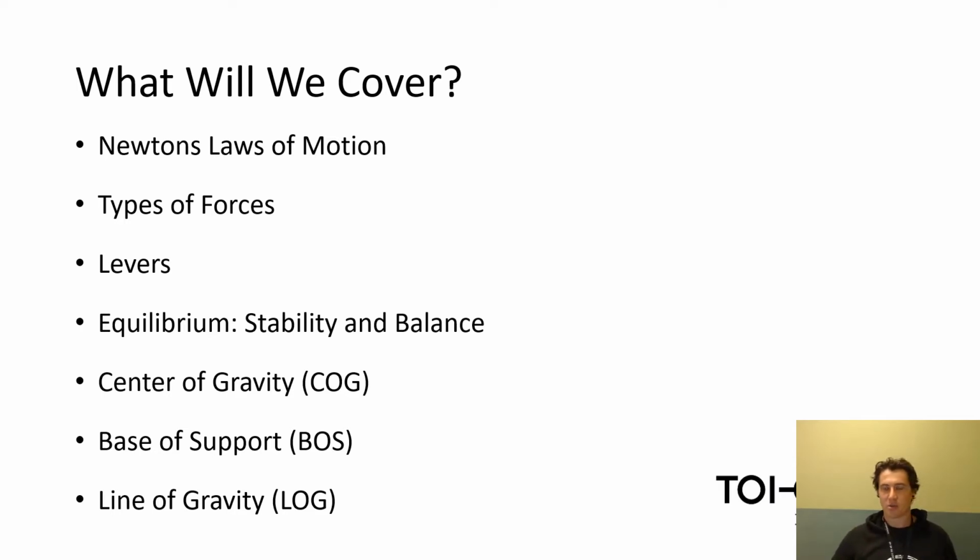We'll look at how the body uses levers to help move and shift things. Equilibrium, so that's when we're going to look at the stability and balance stuff, and then how center of gravity affects stability and balance, our base of support, or what a base of support means, and line of gravity.